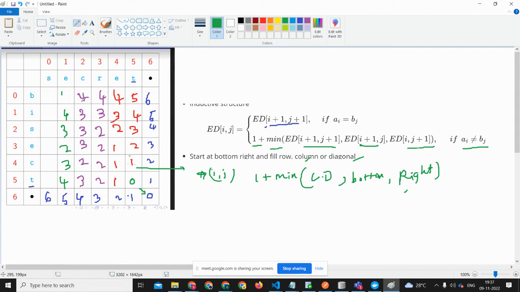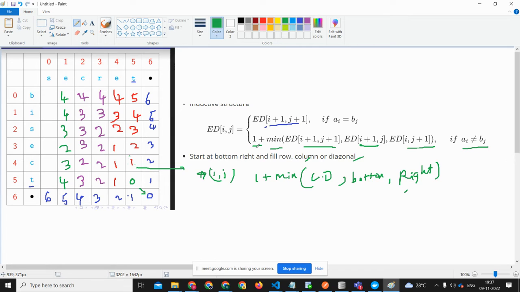Minimum of 4, 3, and 4. Yes, the minimum is 3, and the answer we are supposed to write is 4. 3 plus 1. Right. Thank you.